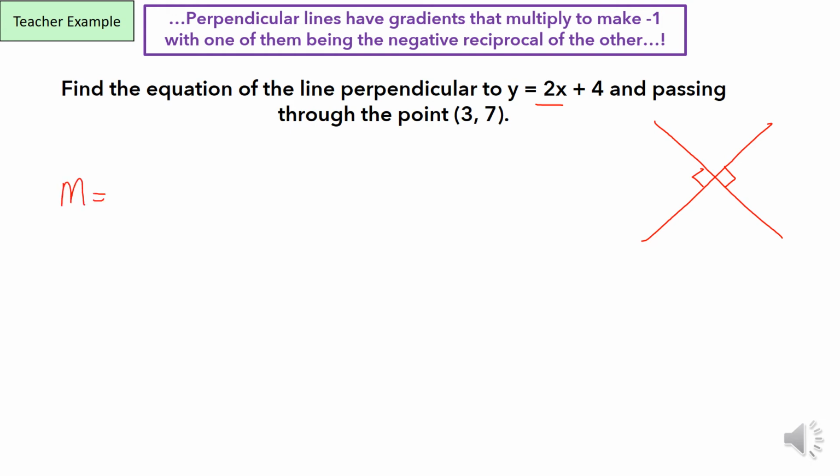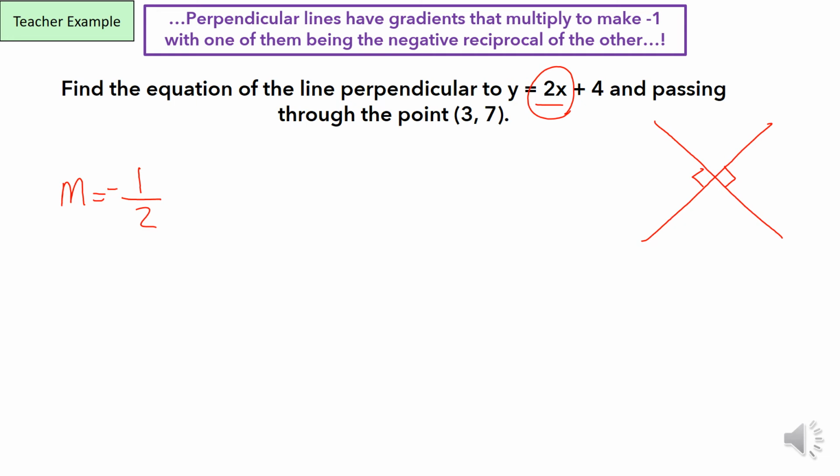So the m of my new line is going to be the reciprocal of 2, which is 1 over 2, and it has to have an opposite sign. 2 has the sign of positive, so your reciprocal should have the opposite sign, which is negative. So to find the gradient of a perpendicular line, you write the reciprocal with the opposite sign. So that's my m.